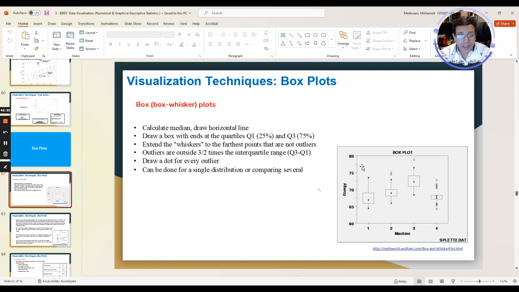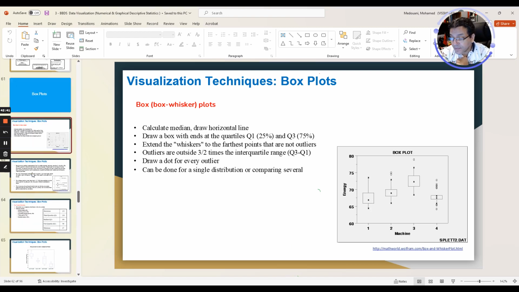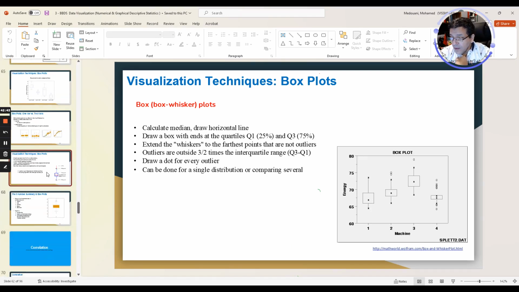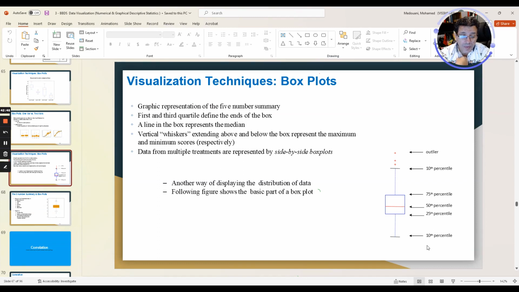So with the box plot we can discover whether the data we have contains any outlier. A box plot will help us understand the percentiles and the outliers, the percentiles 10%, 50%, 20%, and 75%.